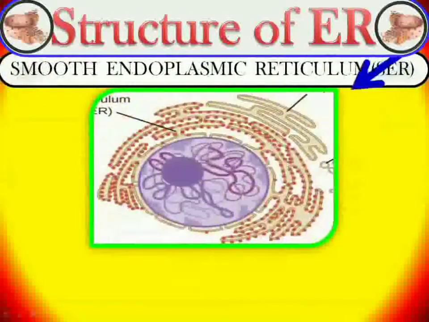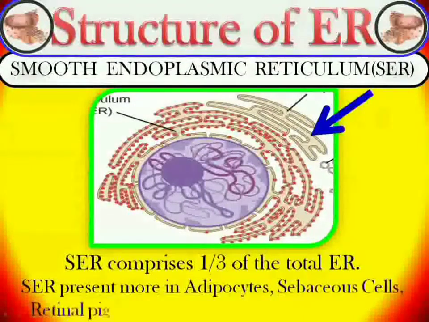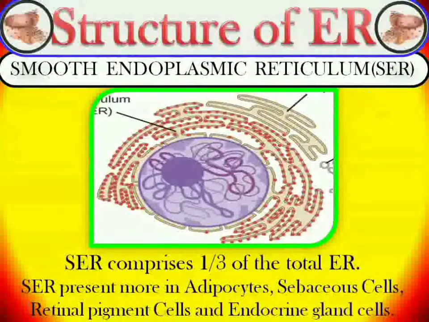In the total endoplasmic reticulum, smooth endoplasmic reticulum comprises just one-third. Two-thirds is rough endoplasmic reticulum, so only the remaining one part is smooth endoplasmic reticulum. It is present more in adipocytes, sebaceous cells, retinal pigment cells and endocrine gland cells.